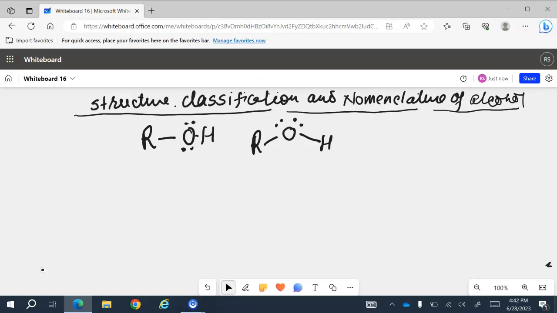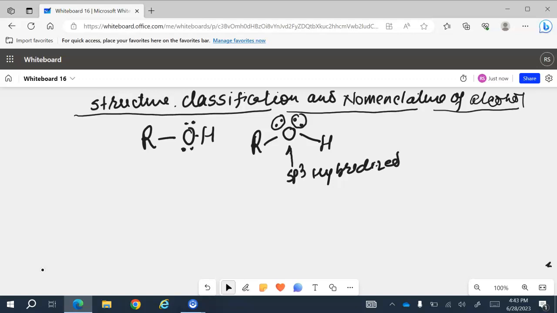When we consider these two lone pairs, the oxygen has four things attached to it: two single bonds and two lone pairs of electrons. With that, the oxygen here is sp3 hybridized.